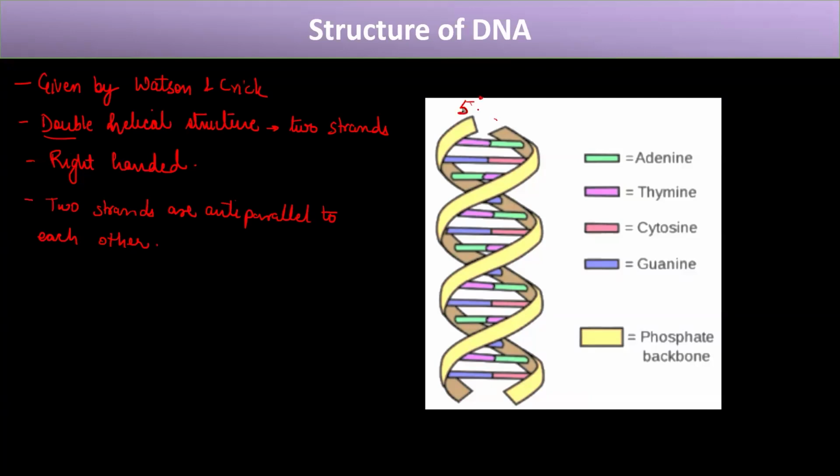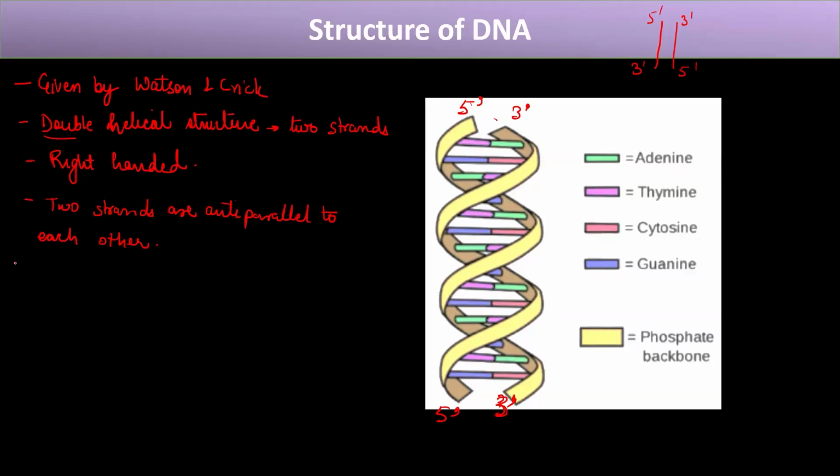Suppose this is the 5 prime end of this chain; the chain goes like this, and this is the 3 prime end. So one chain is running in the 5 prime to 3 prime direction. And the other chain will have the 3 prime end here, and the 5 prime end here. This is what I mean by anti-parallel to each other.